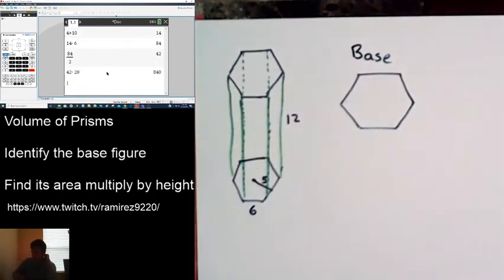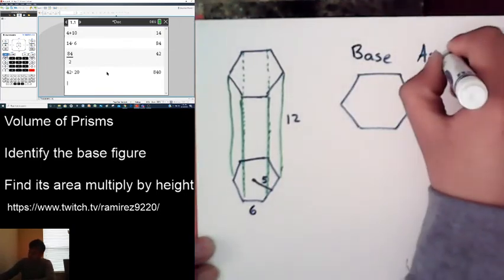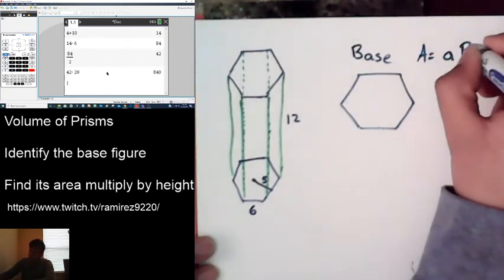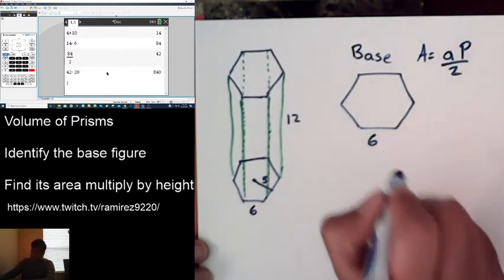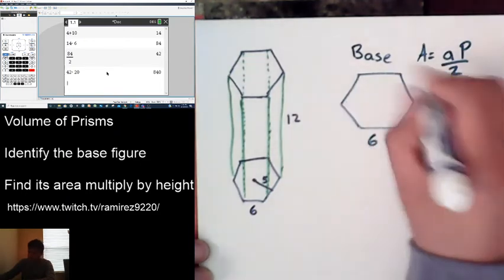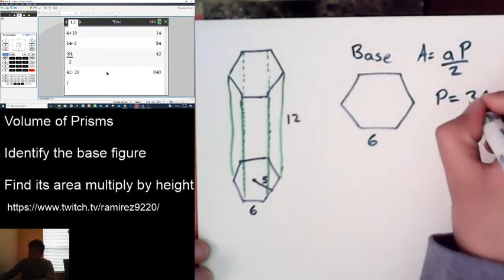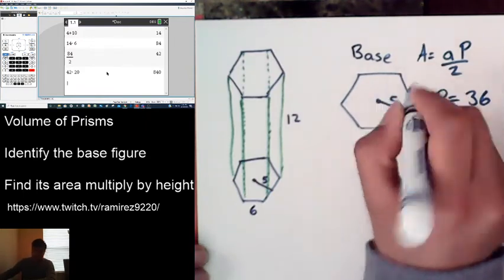The area of any regular polygon is the apothem times the perimeter divided by 2. They're telling us that each side is 6, so right off the bat I know my perimeter, 6 times 6, is 36. They're also telling us that the apothem is 5.